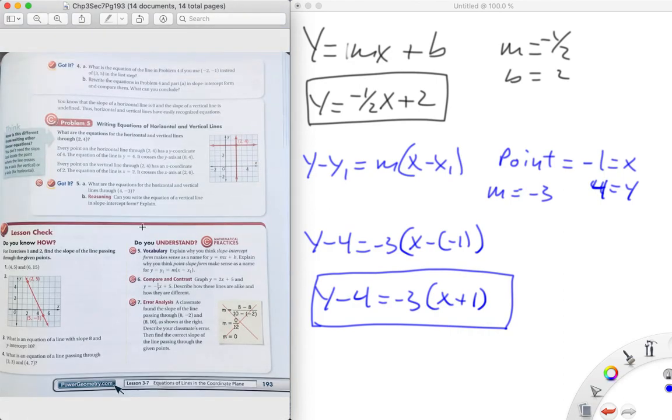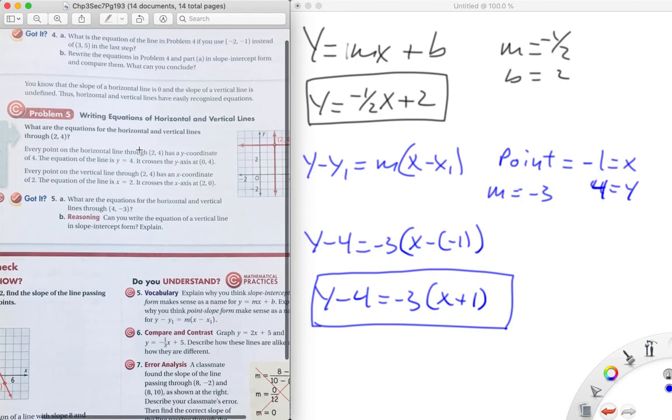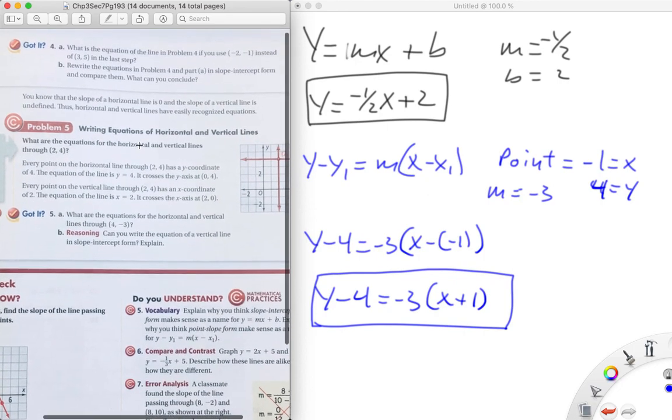Okay, and in here, writing equations when you're given 2 points.